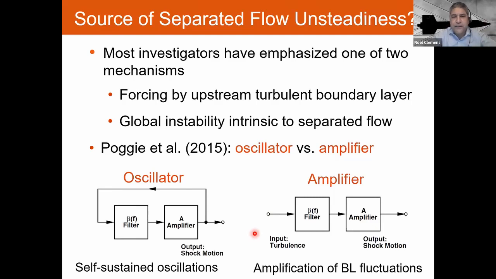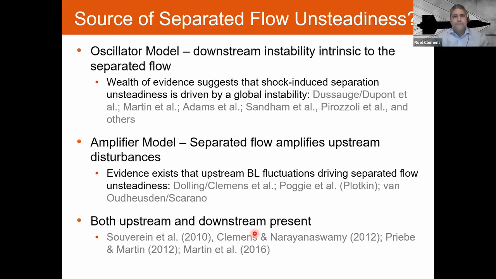And so we have a pretty good idea now of which one of these is right. I would say that in terms of the oscillator model, where you have a downstream instability, the wealth of evidence suggests that is a dominant mechanism, especially for largely, strongly separated interactions.